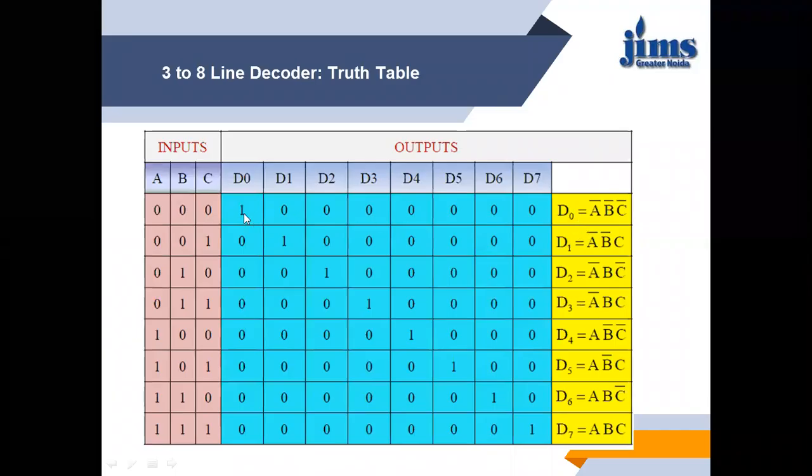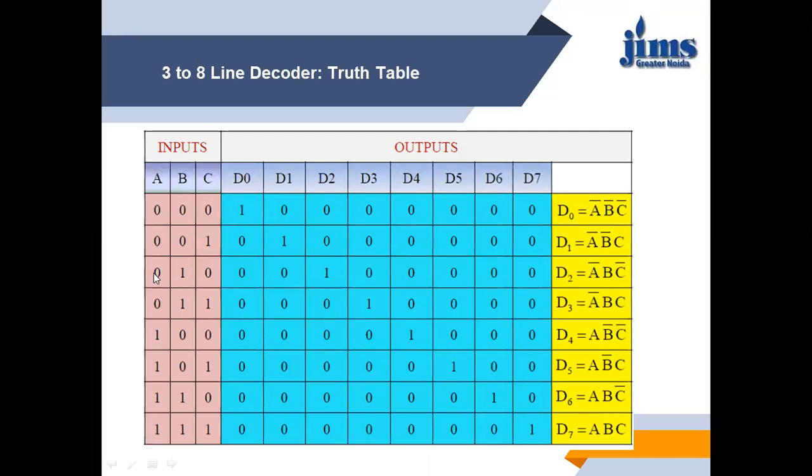D0 is 1 at 0 0 0. That means A bar, B bar, C bar. For D1, it is 0 0 1. That is A bar, B bar, C. For D2, D2 is 1 at 0 1 0. That is A bar, B, C bar.